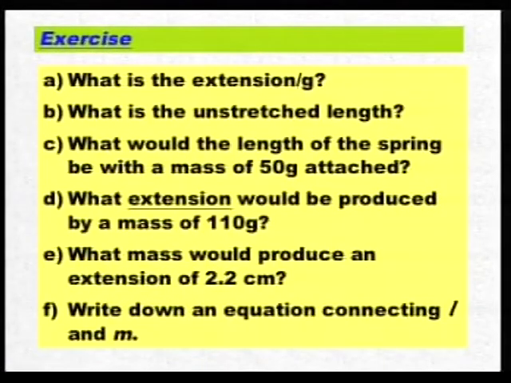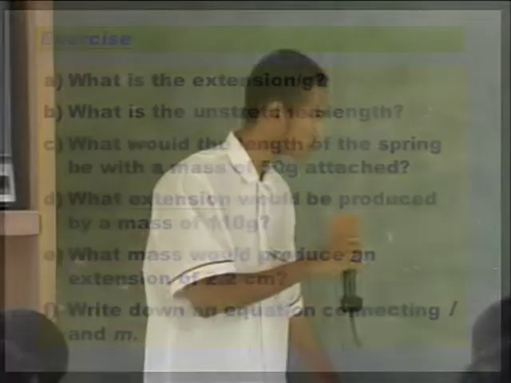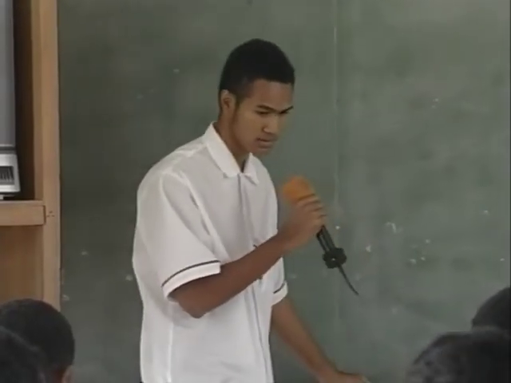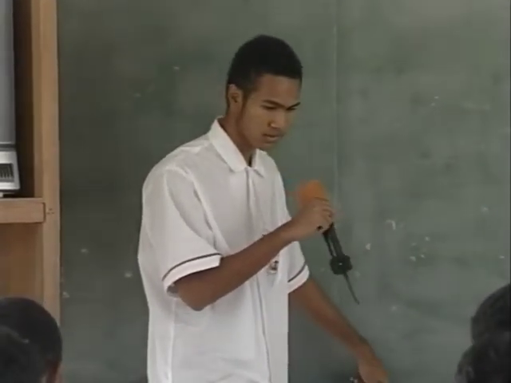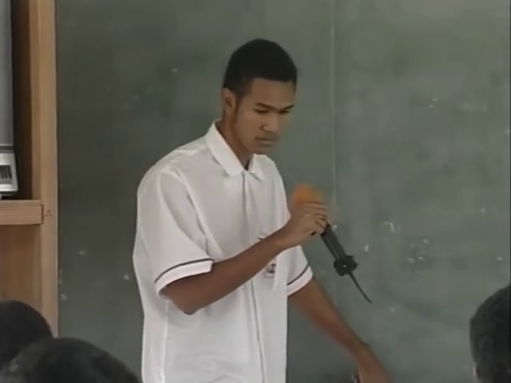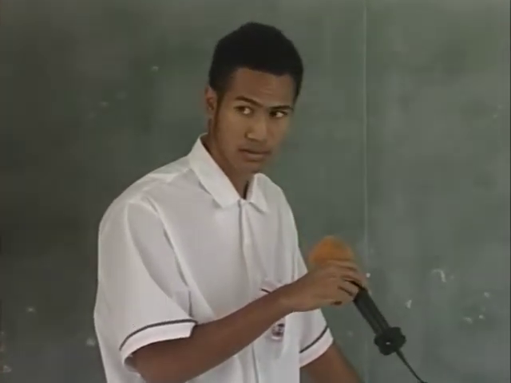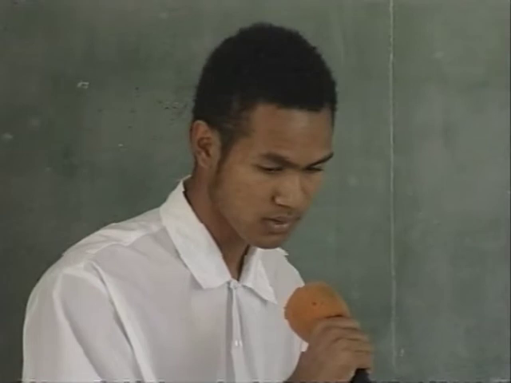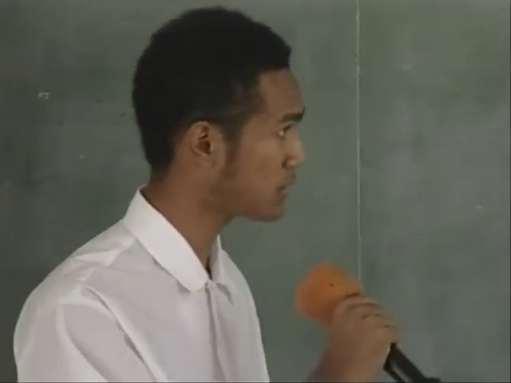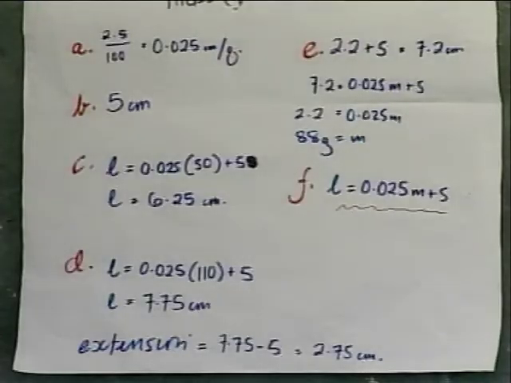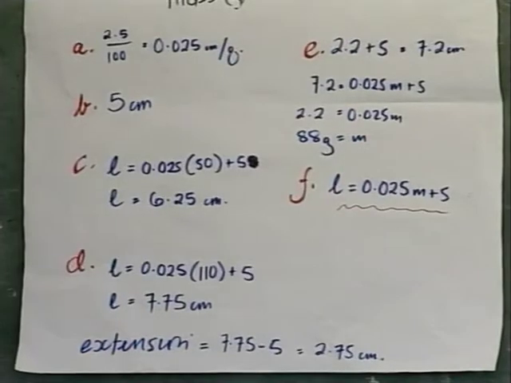Question reads, what mass would produce an extension of 2.2 centimeters? This extension is the extra length added onto the original length. So the extra length is 2.2 added onto the original length, which is 5, gives a total length of 7.2.